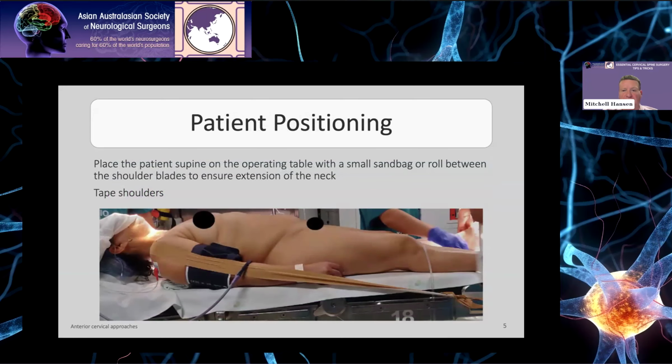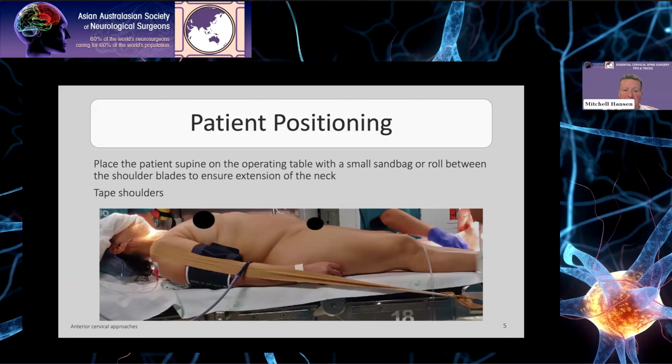Patient positioning is pretty key for the approach. For the subaxial spine, whether I'm doing an arthroplasty or a fusion procedure, patients are placed supine. And I generally put a sandbag or a roll under the shoulder blades to help with the extension, or, in the case of a trauma where there's significant instability, to help stabilize the neck.